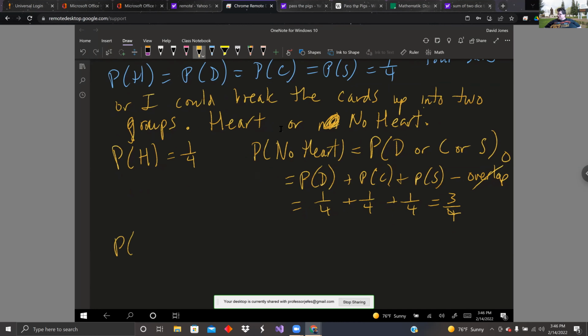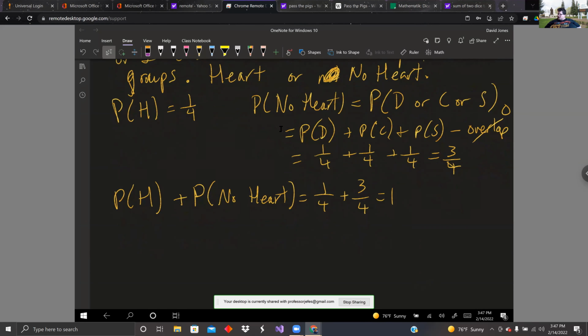So the probability of a heart plus the probability of not a heart equals 1/4 plus 3/4, which equals 1. Heart and no heart, let's just call it NH to shorten it, are complements.